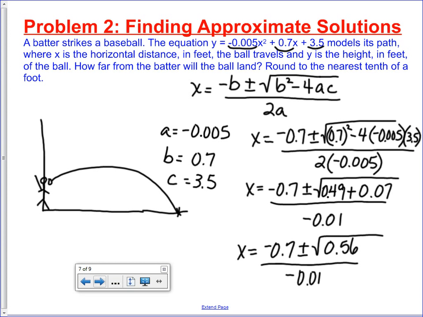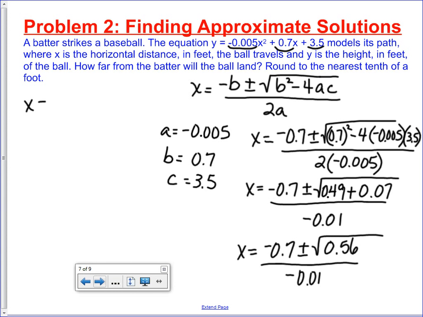All right, and I am going to come over here and erase my drawing so that I have a little more room to work. And let's take the square root of 56/100. The square root of 56/100 would be, and I'm going to round this off to the nearest hundredth, so I get 0.748. That would round to 75/100.